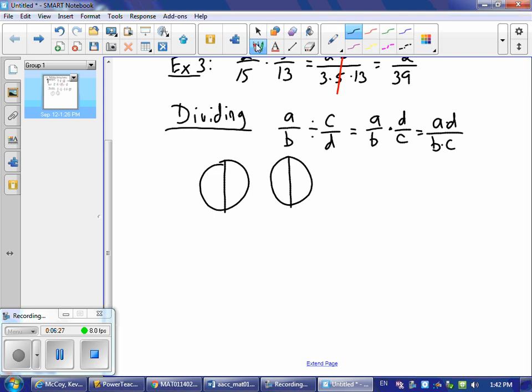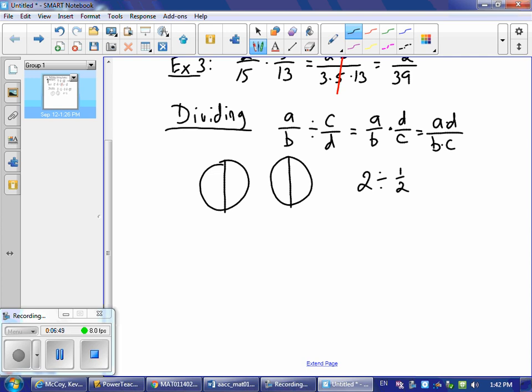So if I was going to take two pies and divide it by a half, what this is really asking us is how many halves go into two whole pies.